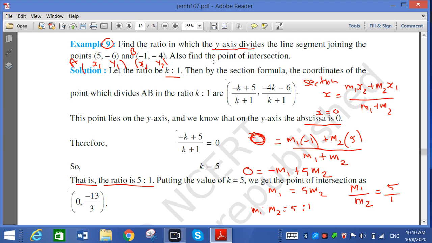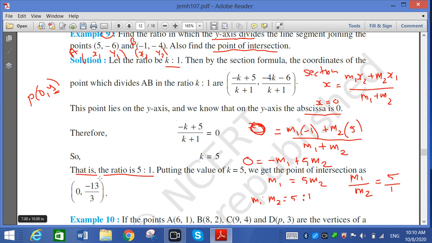Also find the point of intersection. We know that if we take P on the y-axis, then the value of x is 0 and y we have to find out. We know how to find the value of y.